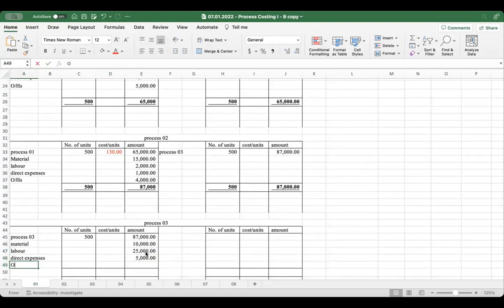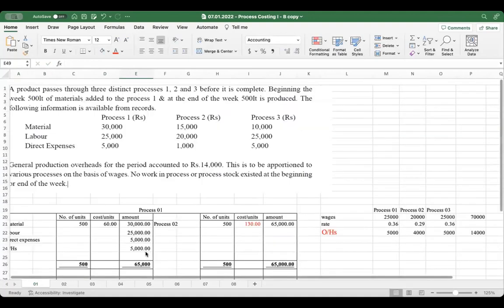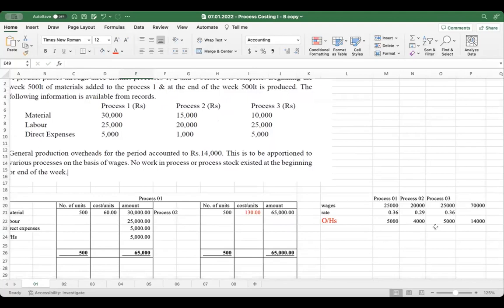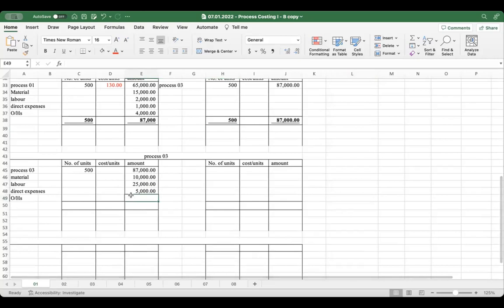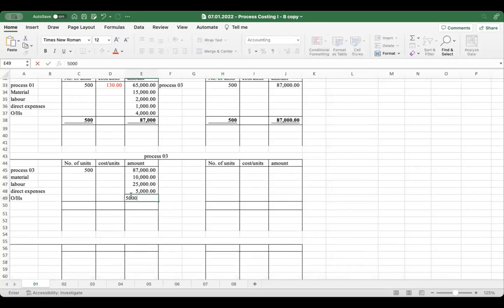Then overhead costs would be 5,000 again. These are our workings, okay? So in your examination also, you have to show your workings properly because marks will be allocated for workings as well. Right, 5,000. Then let's balance this account.